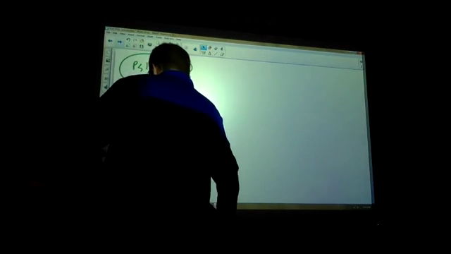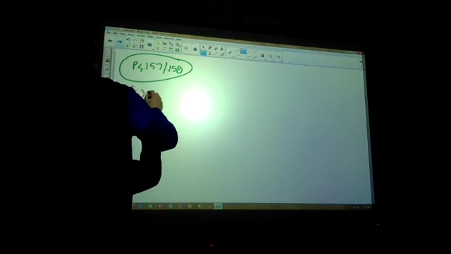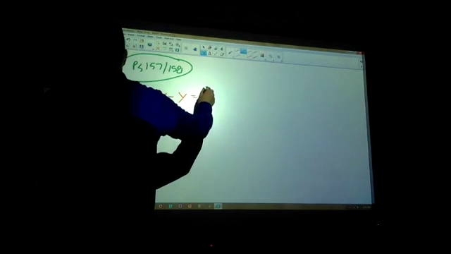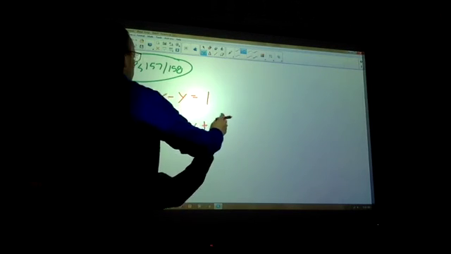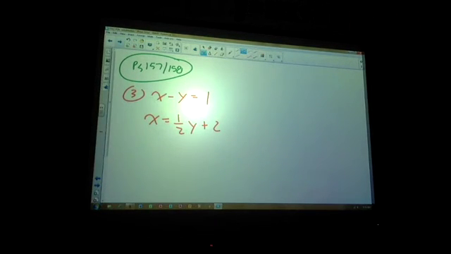Any questions on 1, 2, or 3? Is there one of the problems, top or bottom, that we have solved for one of the letters?